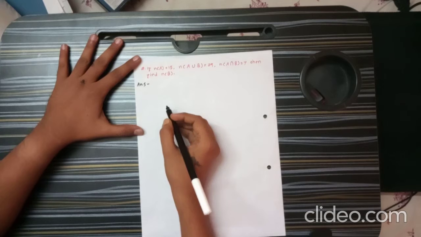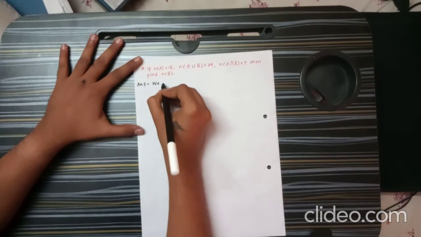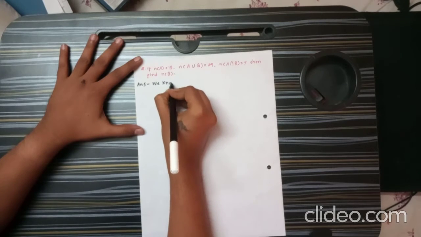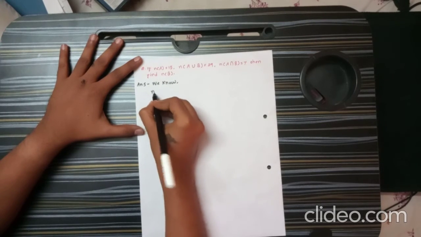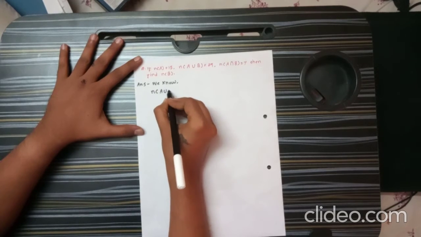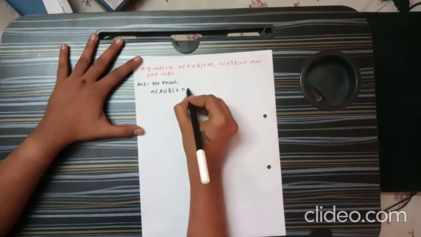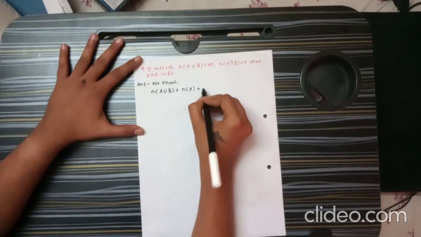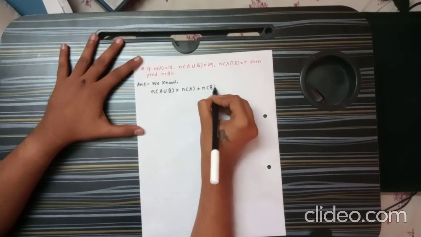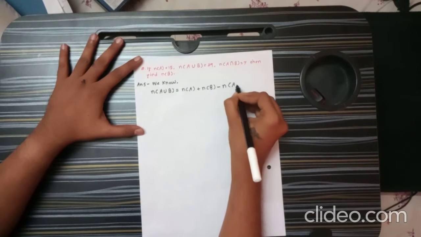The formula for the number of elements in the union and intersection of sets is given as: we know, n(A union B) equal to n(A) plus n(B) minus n(A intersection B).